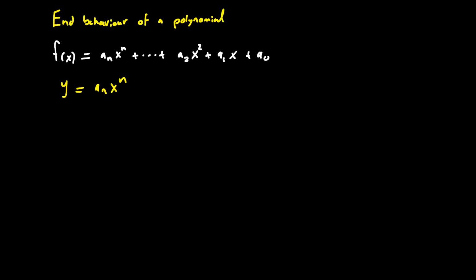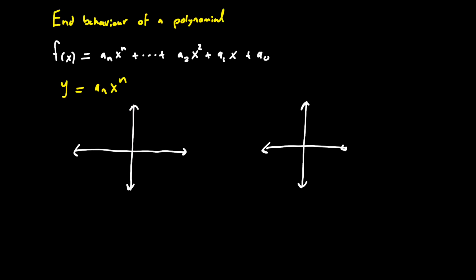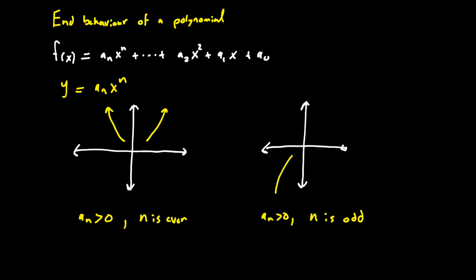Let's go ahead and review the end behavior of power functions. Again, when a_n is greater than 0 and n is even, the end behavior of a graph will look something like this. When a_n is greater than 0 and n is odd, the end behavior of a graph will look something like this.